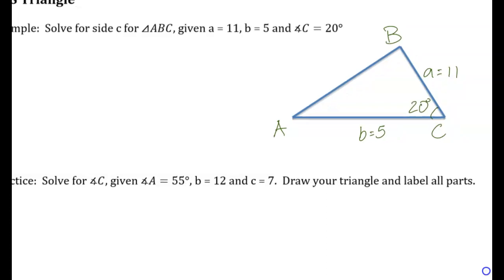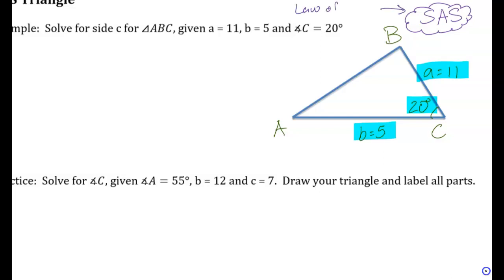So here, notice this is a side angle side, meaning I have to apply law of cosines here. I wouldn't use Pythagorean theorem here because there's no right angle, right? And I can't use law of sines because there is no side across from an angle. I have to use law of cosines.